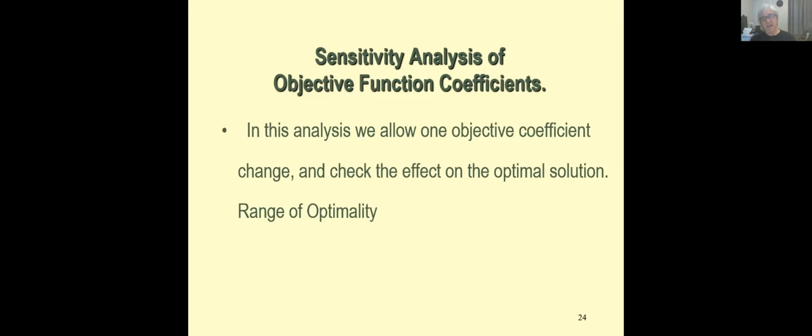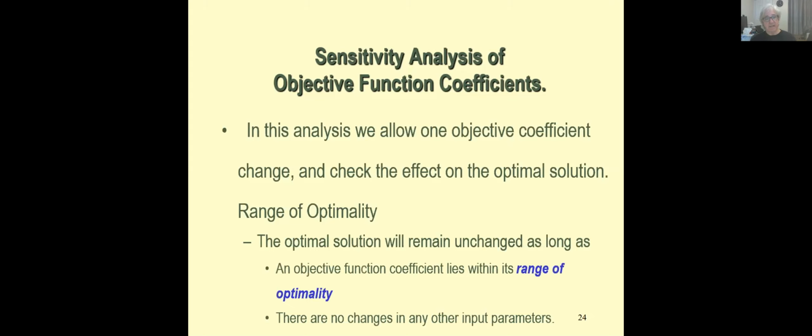So we will let such a coefficient in the objective function change, and we will ask what happens. We will realize that not necessarily will something happen immediately. The change has to be large enough for a change to occur. All this will become clear in a minute.